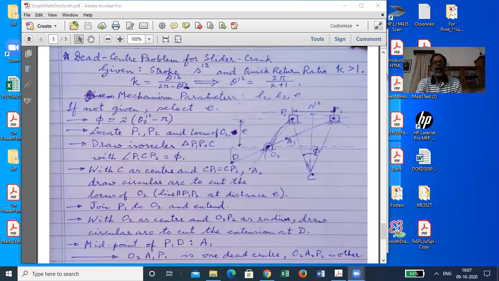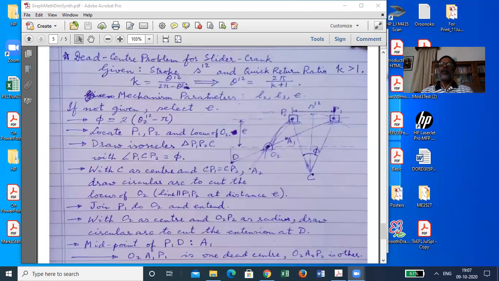And then the remaining two you determine. How to determine them? After selecting E, you take this angle theta 12 minus pi, twice of that. That you keep as phi.